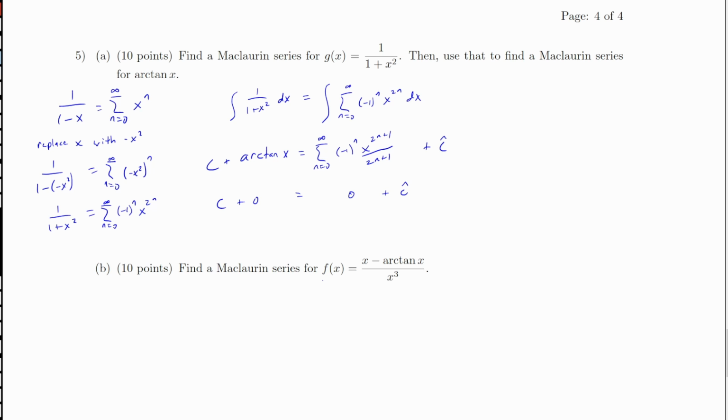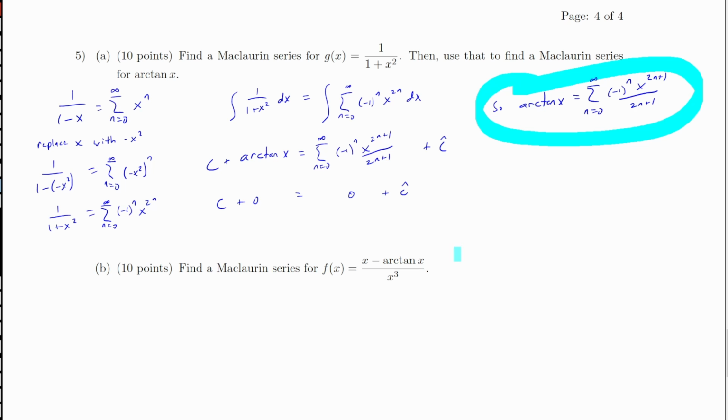So if I just want arctangent, then I'll just leave the constants off. So arctangent x is the sum from 0 to infinity, negative 1 to the n, x to the 2n plus 1 over 2n plus 1.